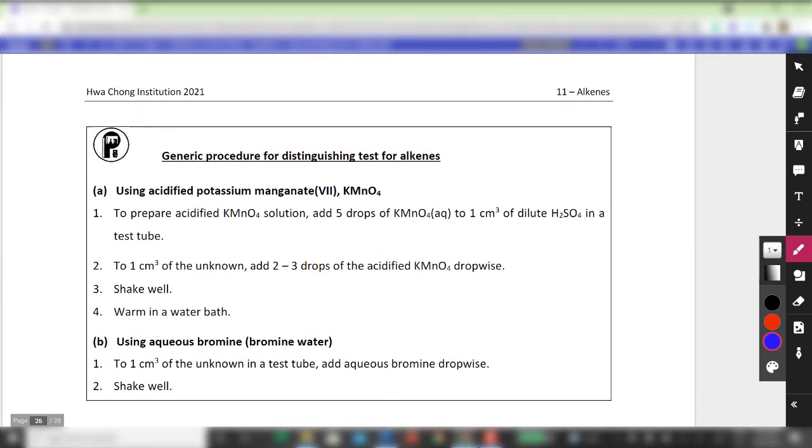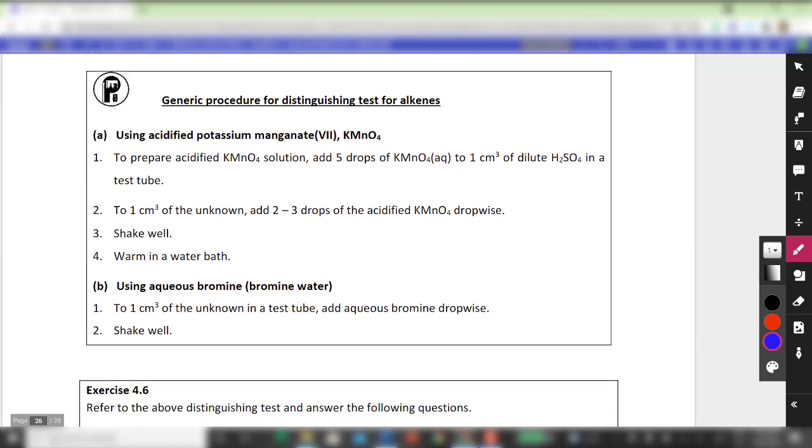Okay, and then of course, for planning, you need to learn how to write out the generic procedure for distinguishing tests for alkenes. Usually for alkenes, we will use acidified potassium permanganate, which will actually result in oxidative cleavage. But you need to take note that the amount of acidified KMnO4 you are going to add should be 2 to 3 drops.